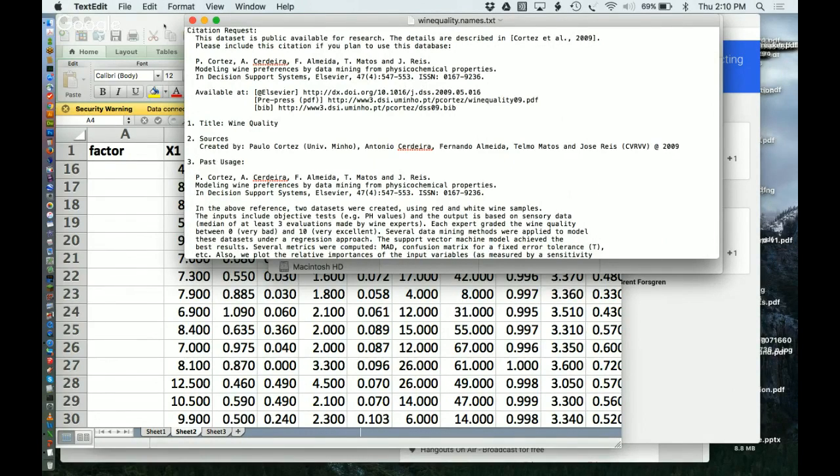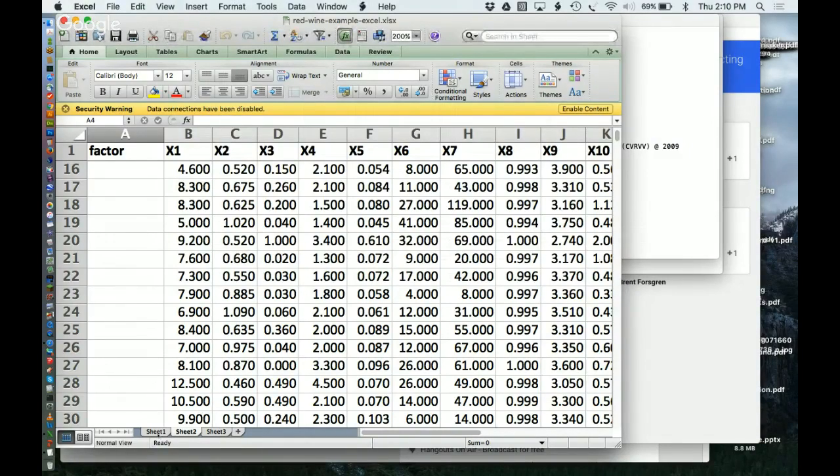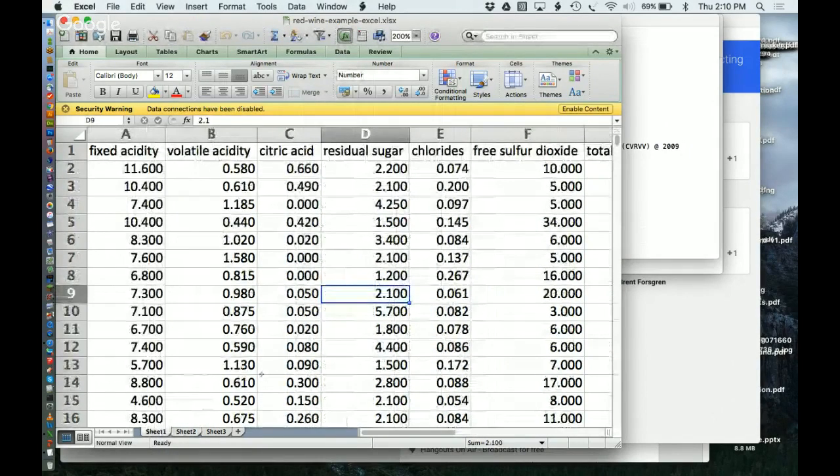Okay, let's talk about the data. Or more properly, what they were trying to do. So I'm making a little bit of this up, but it's consistent with what I've read so far. They were looking for quantitative, sort of automated ways that they could evaluate the quality of wine.